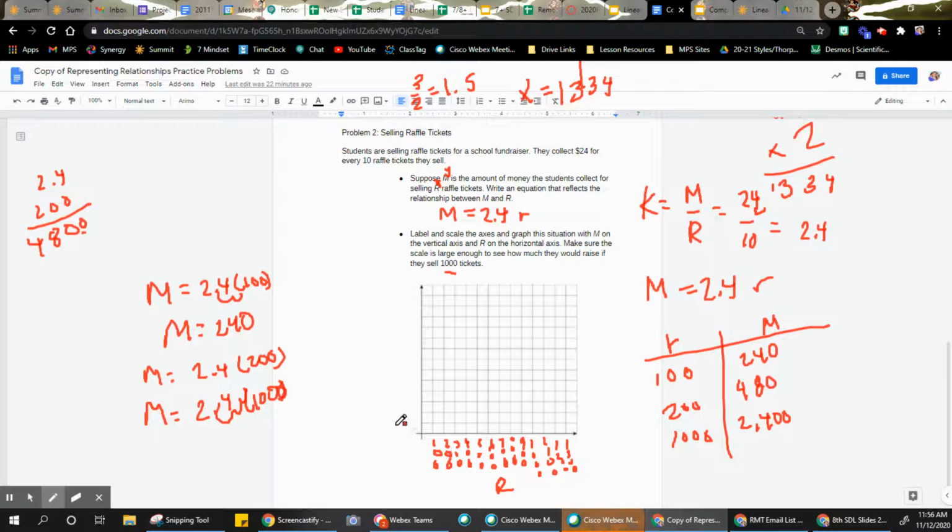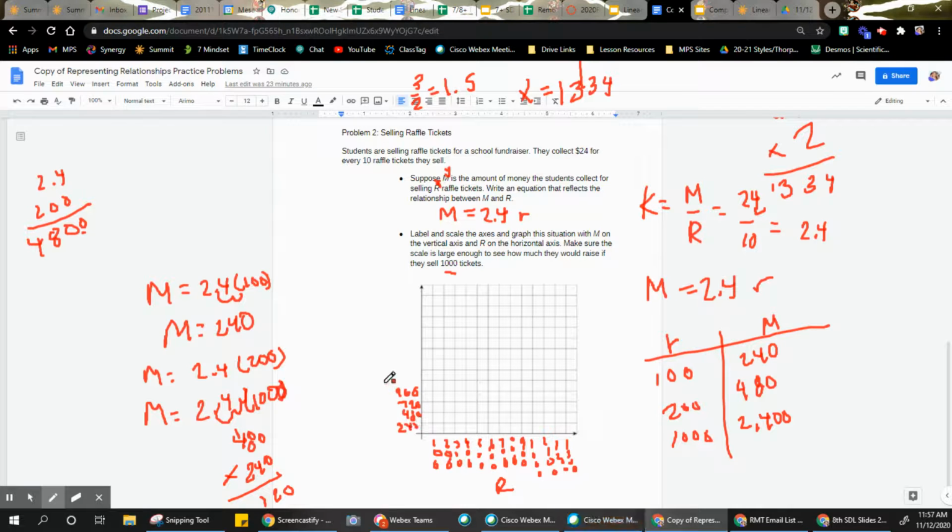So if I want to put this on here, my scale is 240, 480. And then if I wanted to go from there, I'm going to do 240 times 3, which is the same thing as 480 plus 240 if I wanted to do it that way too. So that's 0 plus 0 is 0, 8 plus 4 is 12, carry the 1, so that's 720. Then 720 plus 240 is 960.